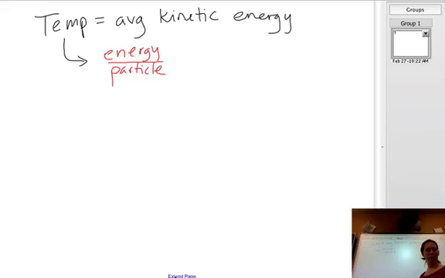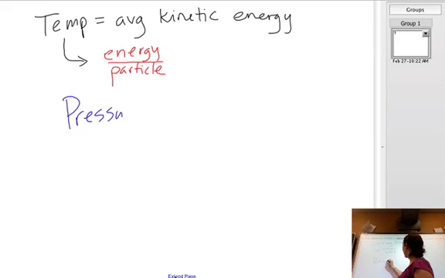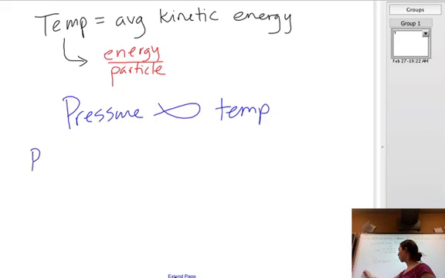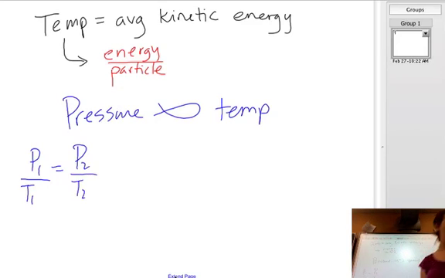So pressure is proportional, which we know from all the laws that we've done. We know that pressure is proportional to temperature, okay, which means that... I'm bad at remembering the names of them.